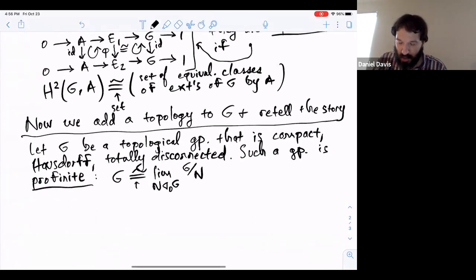I said isomorphism here. So this is a group isomorphism, and this is also a homeomorphism. Okay.